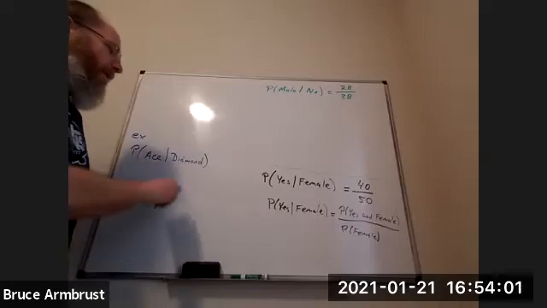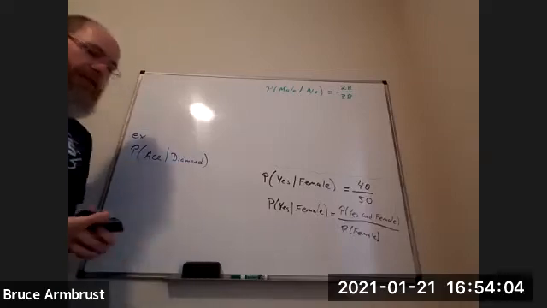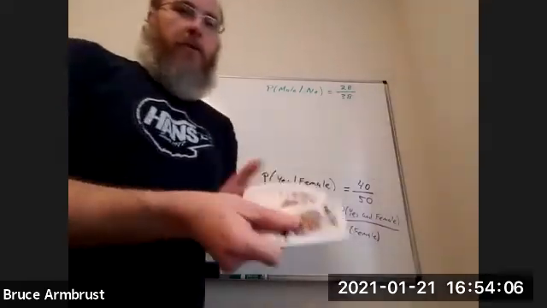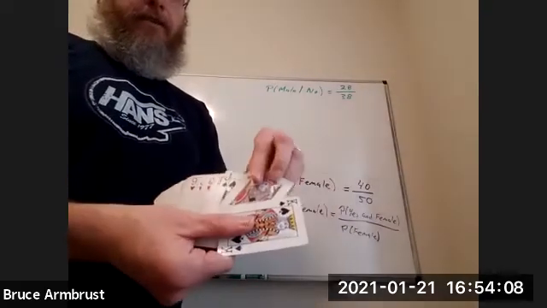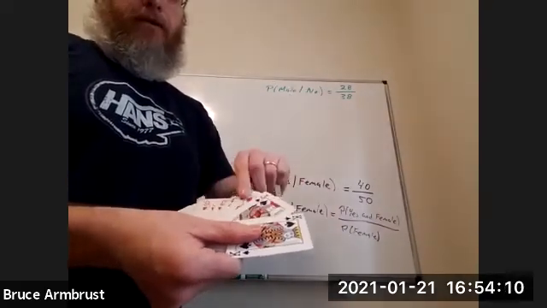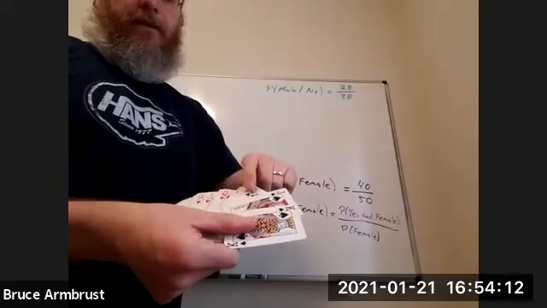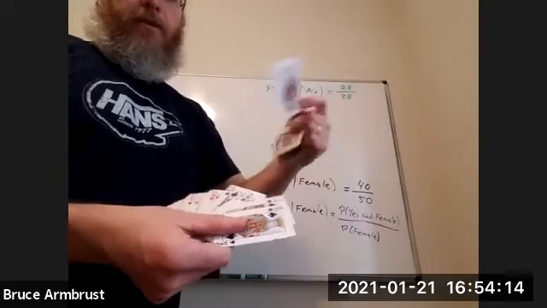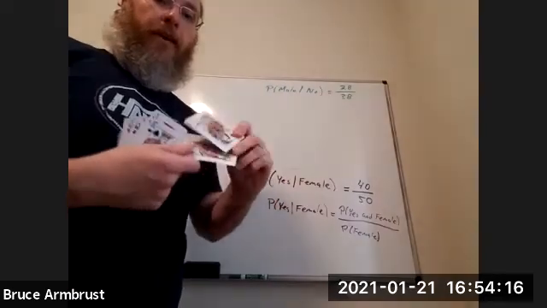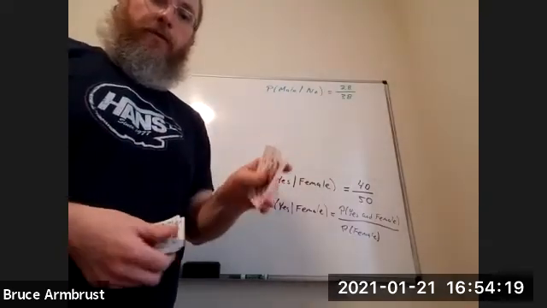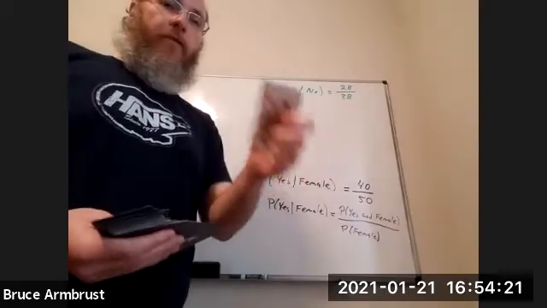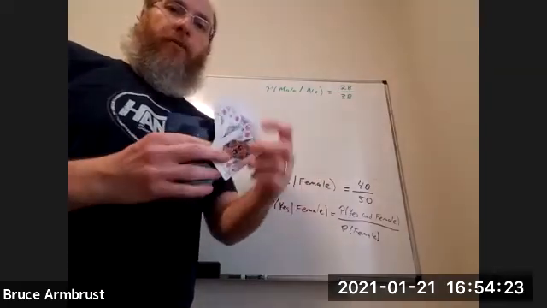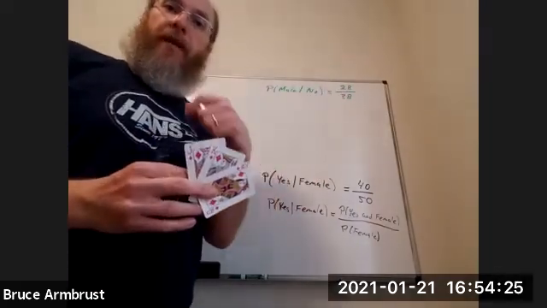So let's think about that. We have to restrict ourselves just to the diamonds. So I'm going to go through the deck, and every time there's a diamond, I'm going to pull it out. Right? So another diamond. There's another diamond, right? And so on and so forth until I get only the diamonds. So then once I have only diamonds here, what's the probability that I pull out an ace?